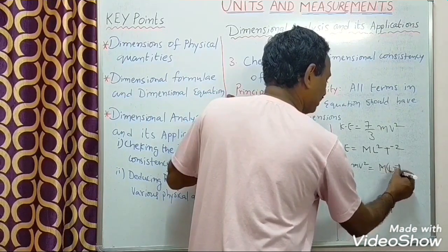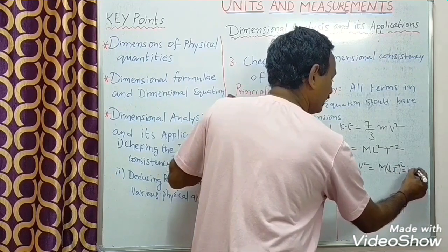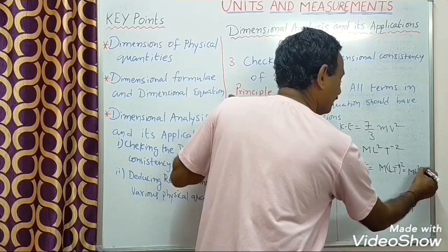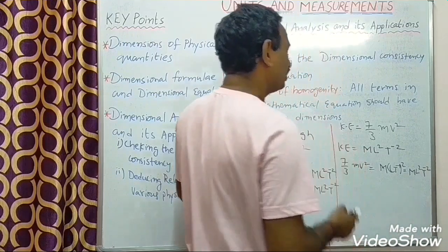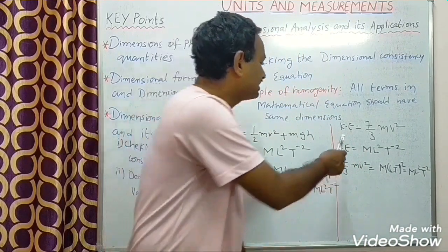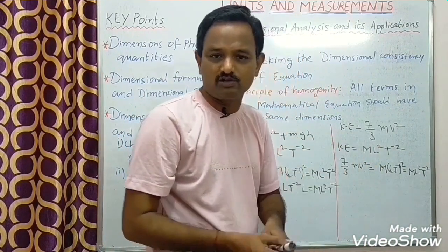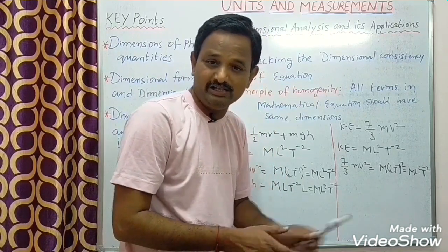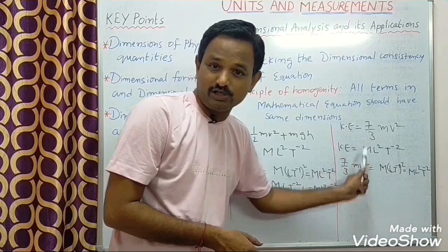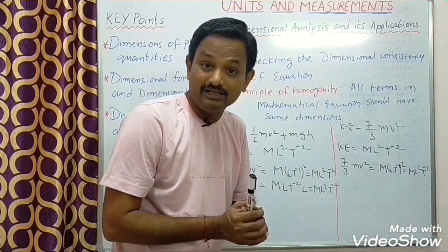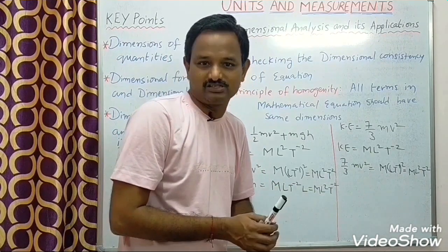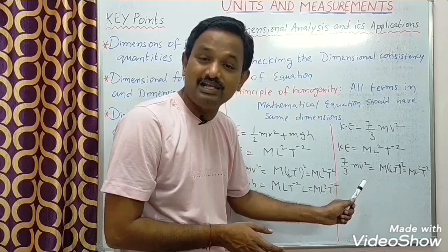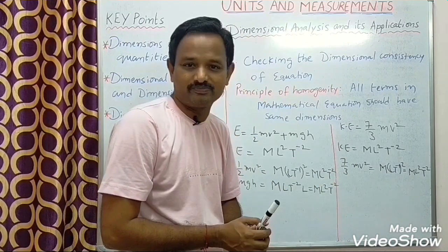(LT^-1) whole squared, that equals ML^2T^-2. So here LHS and RHS have the same physical quantity. That means it is following the principle of homogeneity. But it is a false equation. So it is a dimensionally inconsistent equation.